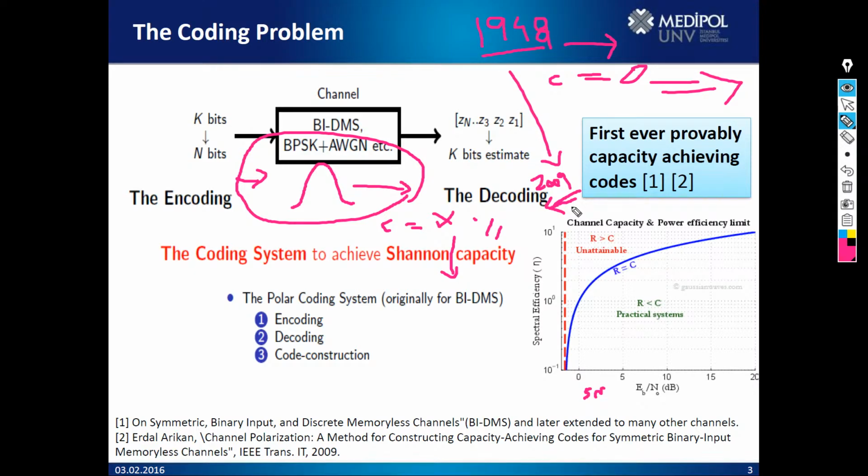And this was really great news to academia, to the researchers, to the industry, that these are the first provably capacity-achieving codes, and also you can achieve that with low complexity and without much overhead, which made it very attractive to 5G technologies.